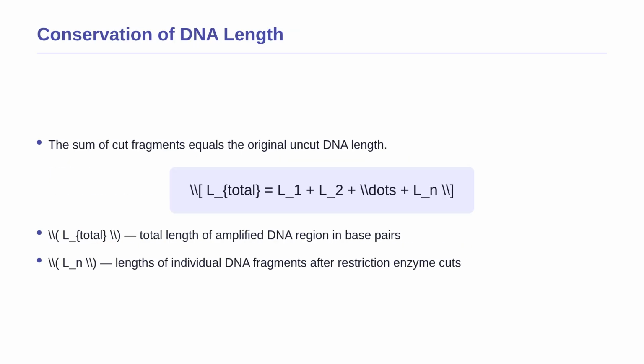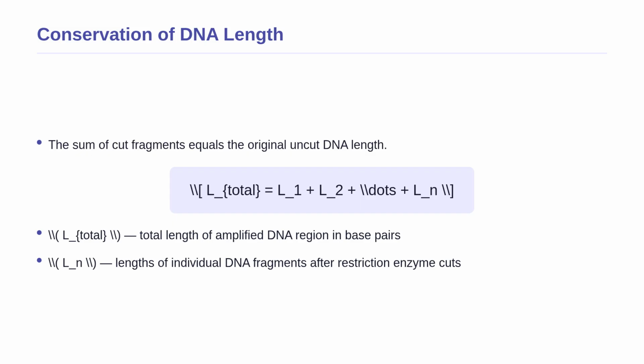To understand how we track these cuts, we rely on a simple mathematical principle. The formula states that L total equals L1 plus L2 all the way to Ln. Conceptually, this means the sum of the lengths of the cut fragments must equal the total length of the original uncut DNA segment.